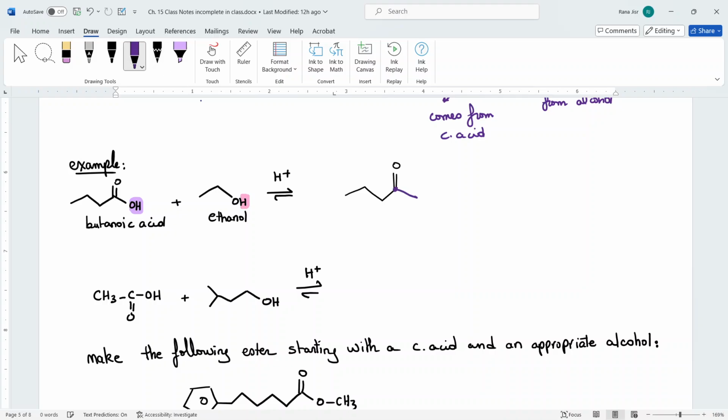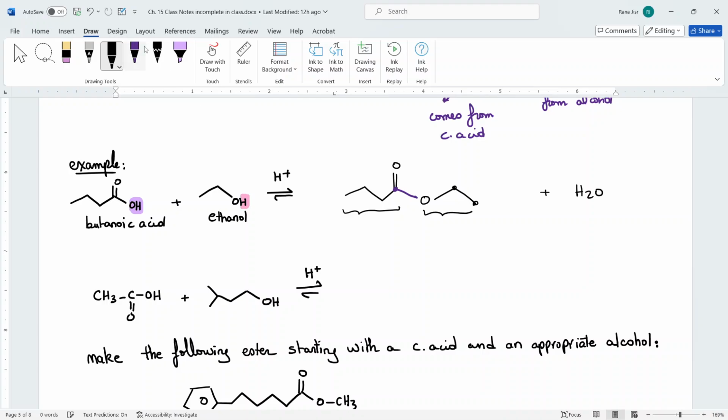That is my ester bond. This is going to be the new bond that will be connected to the oxygen, and then the CH2, and then the CH3. So I have my oxygen in there, and then my CH2 and my CH3 here. That part comes from the alcohol. That part over here comes from the acid, plus of course my water.